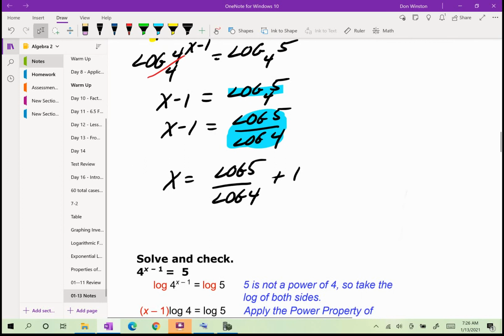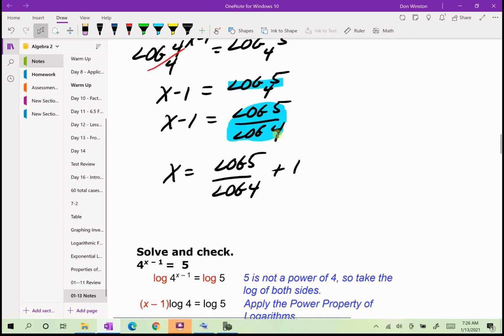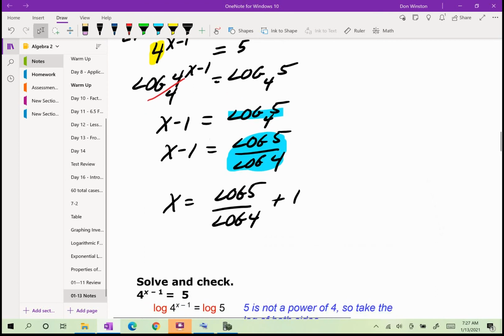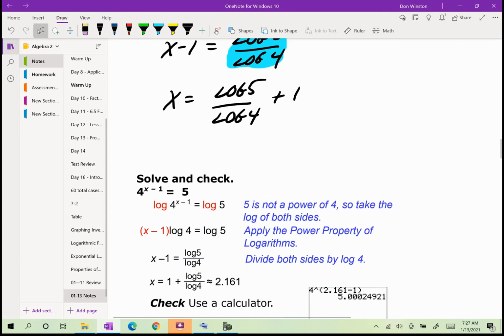You begin by taking the common log of both sides. So I'll show you the example that the textbook gives. Again, I have the same problem, 4 raised to the x minus 1 is equal to 5. So rather than taking log base 4 of both sides, I just take the common log of both sides. But now I have to remember to use the power property. I have to bring that x minus 1 down.